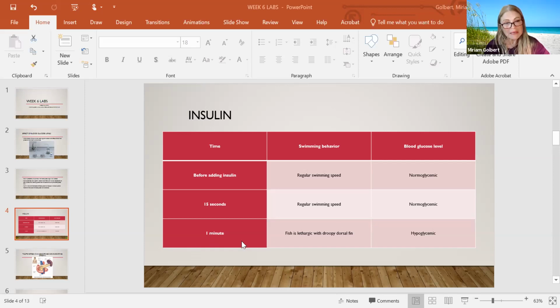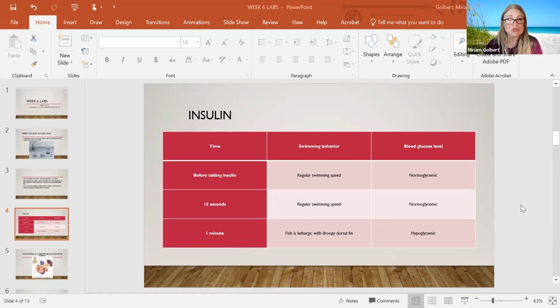But after a minute, the insulin will start doing its job, and the fish is going to look a lot more lethargic, and they're not going to have their dorsal fin, which is the fin on their back, really straight up. That helps them for swimming, but it's going to be droopy, and that is an indication that the fish is hypoglycemic.